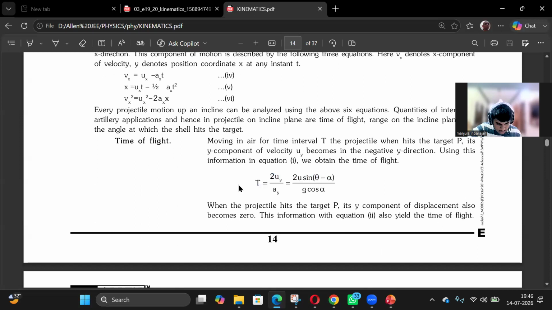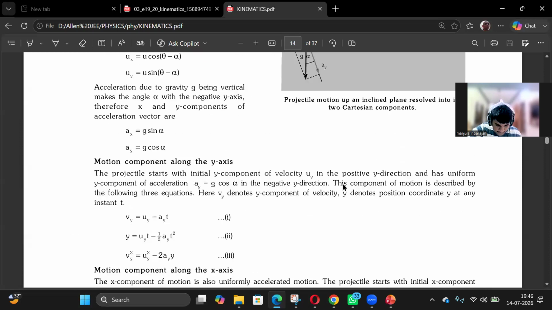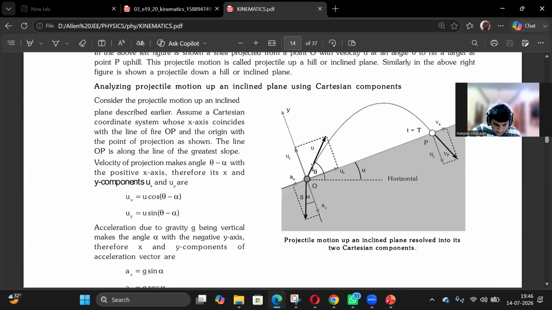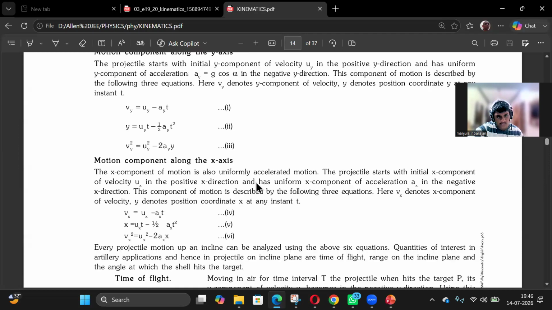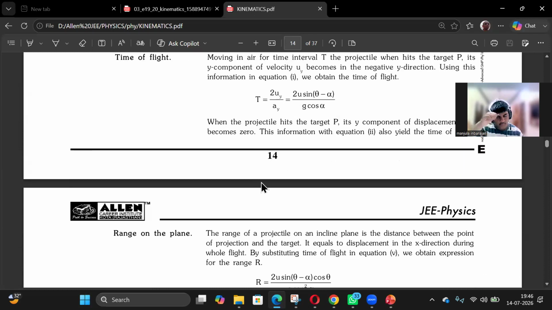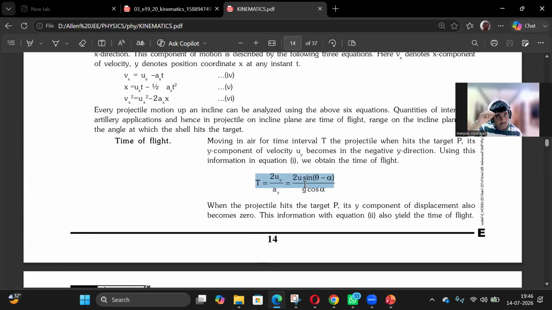Is it clear? And uy you can write as u sine theta minus alpha, because this angle is theta minus alpha. So sine of this is the vertical component. So flight time formula is clear. Ay is g cos alpha.